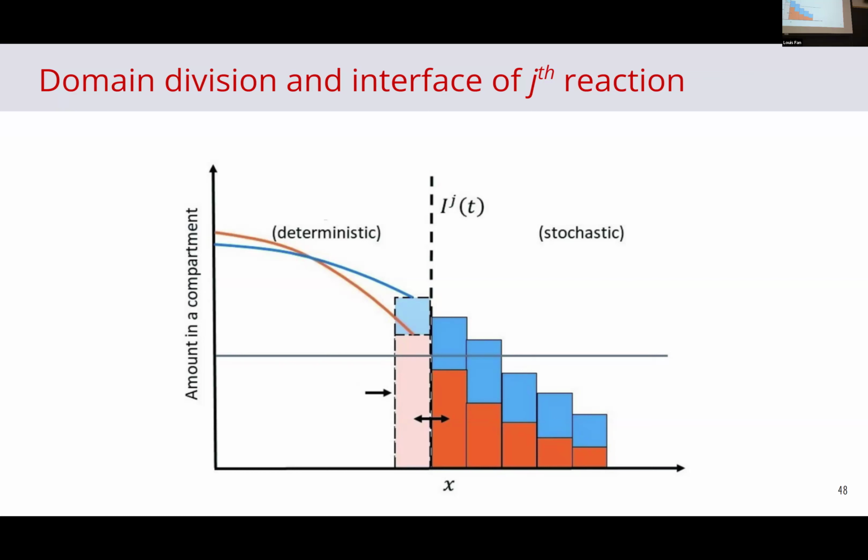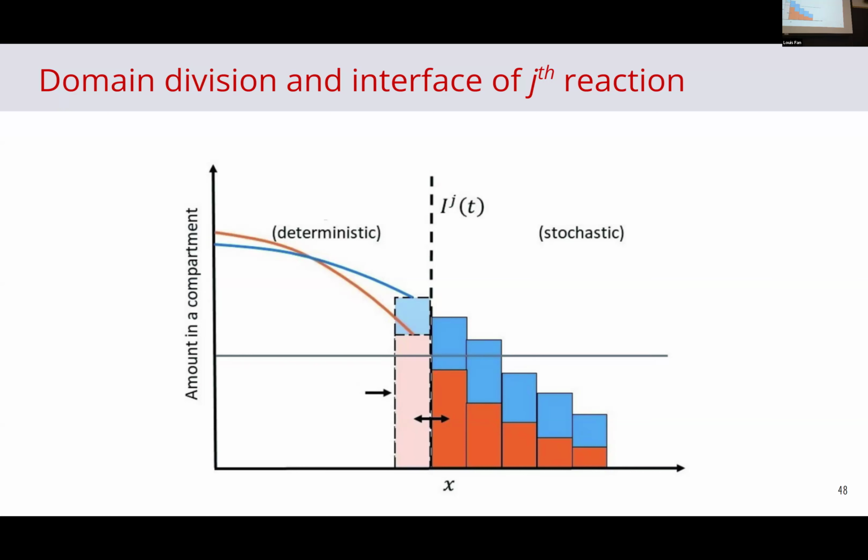I think Dina was asking about how you decide where the boundary is. But I was just curious how you actually took care of the interaction at the boundary. For the bipolar model, we just count the numbers.